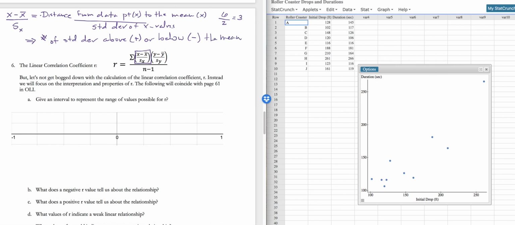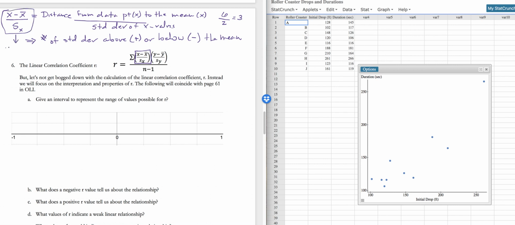So if x minus x bar was 6, it means our piece of data is 6 units above the mean. Divide by the size of the standard deviation 2, we come up with 3, which tells us this piece of data is 3 standard deviations above the mean because it came out positive.